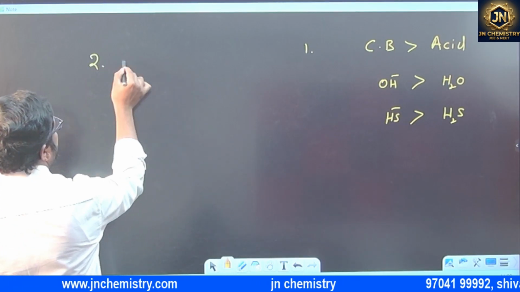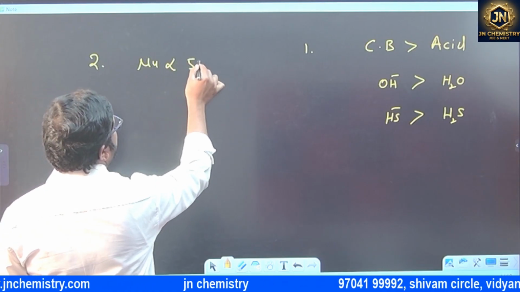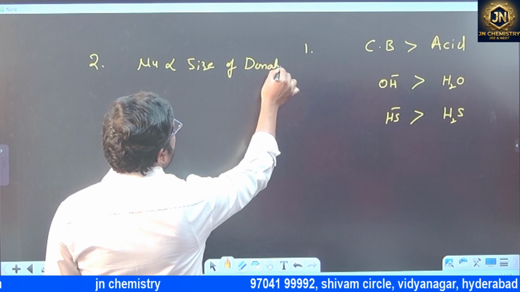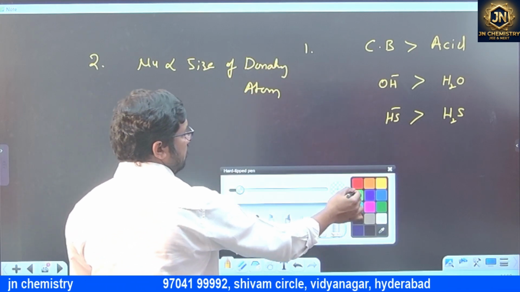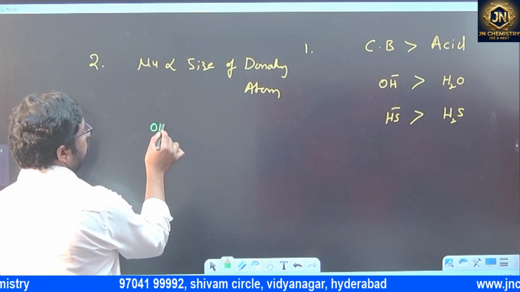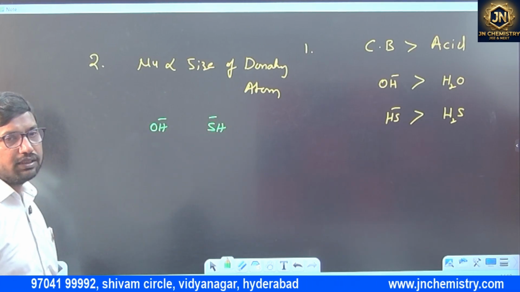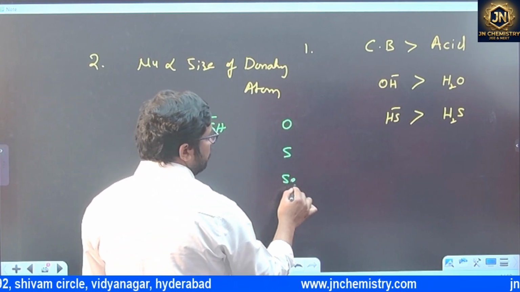Next, nucleophile strength is directly proportional to the size of the donating atom. For example, OH minus and SH minus, oxygen and sulfur. We know oxygen, sulfur, selenium, tellurium, polonium.